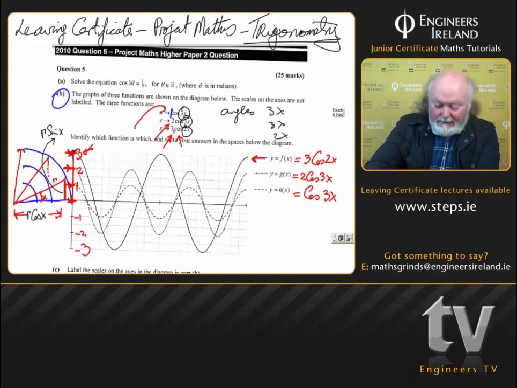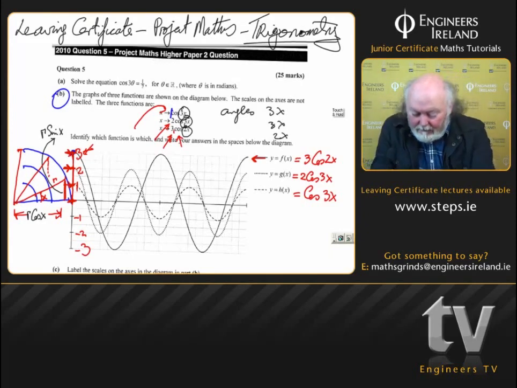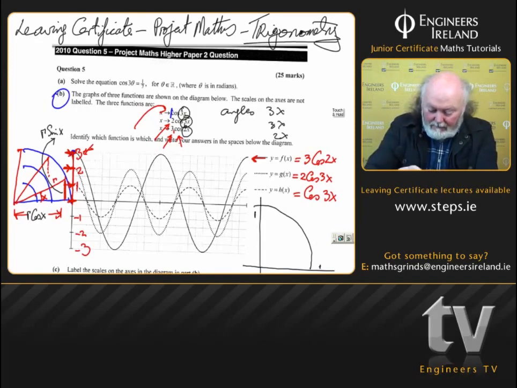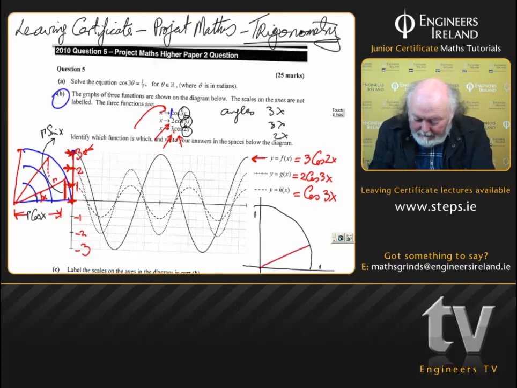Let's look at a little circle again. And we'll just pick the unit circle. And we'll pick this angle here.